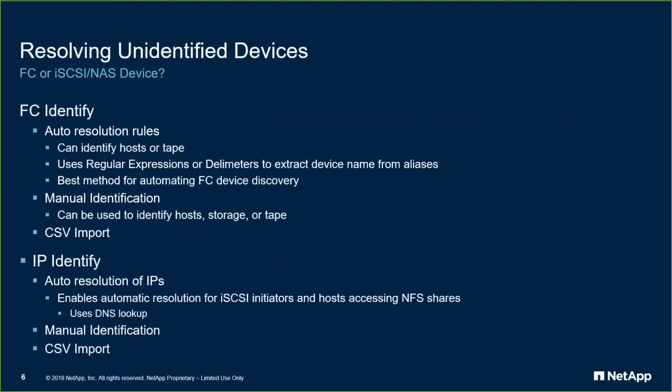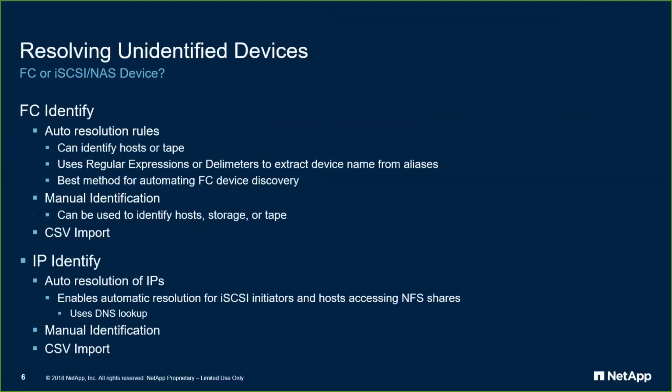So, as far as resolving the unidentified devices, we're not going to spend much time on this because this is what the last presentation was covering specifically, but we have different options depending on the type of device. Is it a fiber channel device or is it an IP device? If it's fiber channel, we have auto resolution rules, which are used to identify hosts or tape specifically.